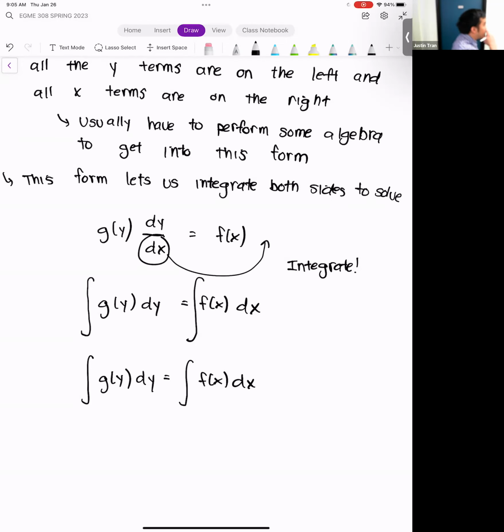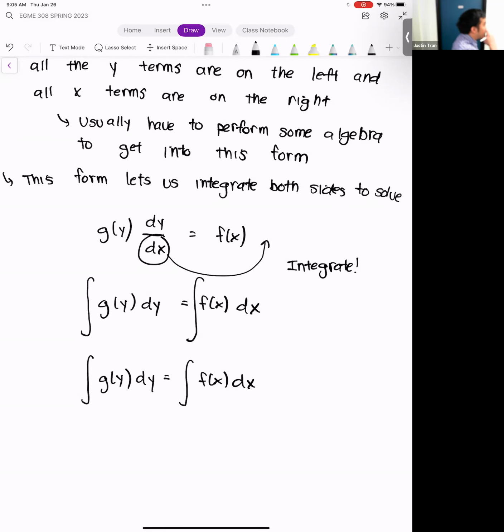With this differential equation, let's solve for just the general solution. So we want to find, what is a function y of x based on this differential equation?